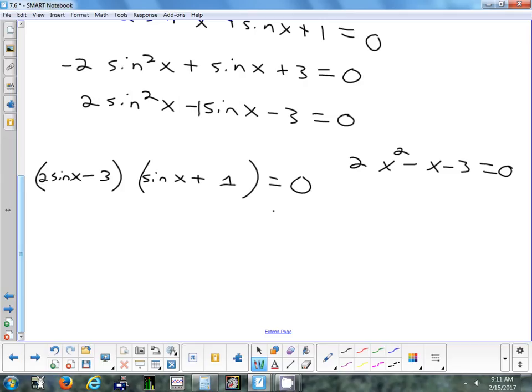Okay, now, once you have these two factors, what do you do with each of those factors? You set them equal to 0. So 2 sine x minus 3 equals 0. Or, there's another answer, sine x plus 1 equals 0.